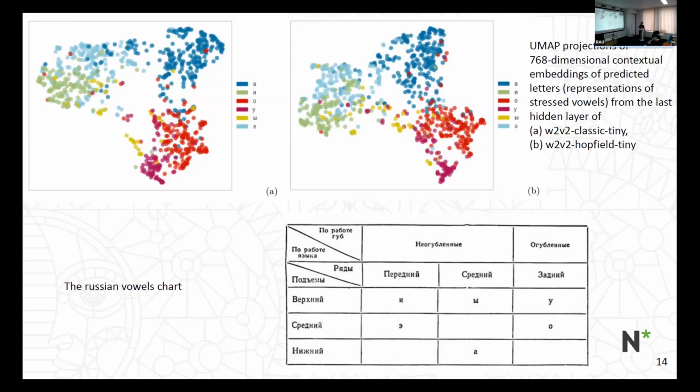In this picture you can see UMAP projections for the classic model, which is letter A, and the Hopfield tiny model, which will be letter B. And when you see it, it's very similar to the rational vowels chart. You just have to reflect them horizontally, and it would be the same structure.